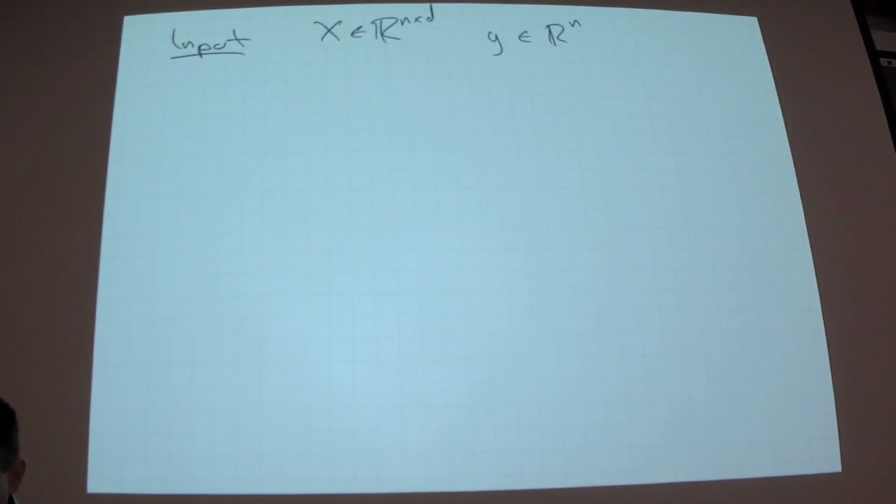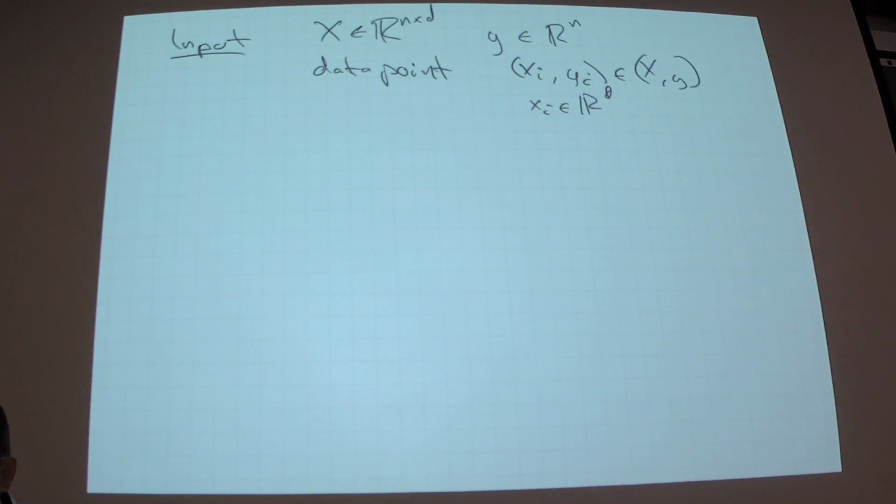Basically, what you want is that for every data point, which will be an (xi, yi), where xi is a vector in R^d, I want to have a function that goes from xi and is approximately equal to the value of yi. So I want to find a function.